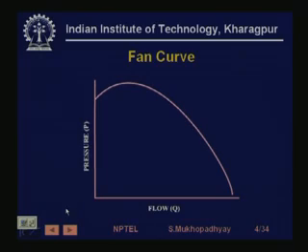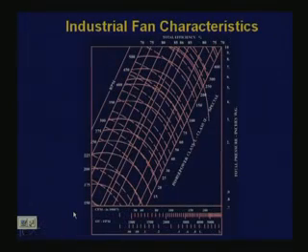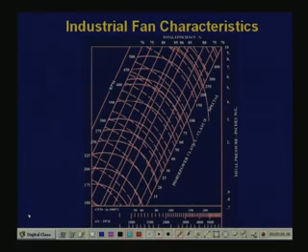This is a fan characteristic, which we will come back to a little later. It is a little complicated, but let us have a look at it. Basically, this gives a family of curves.